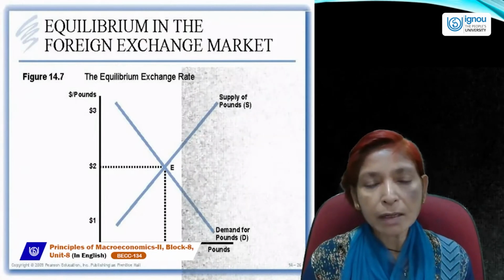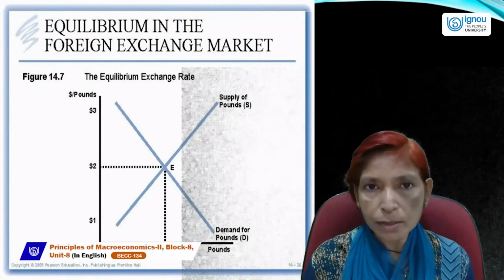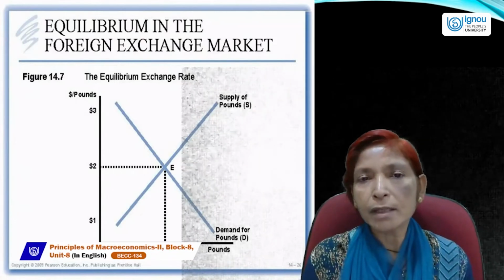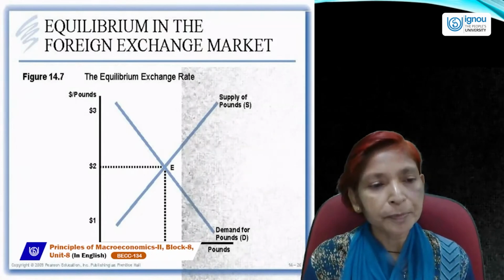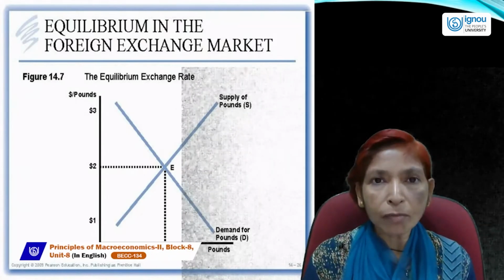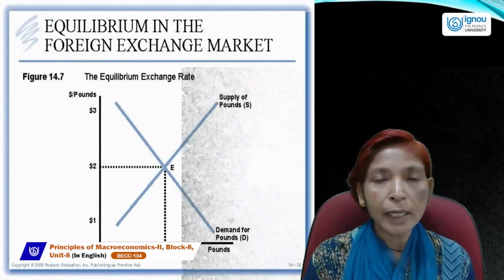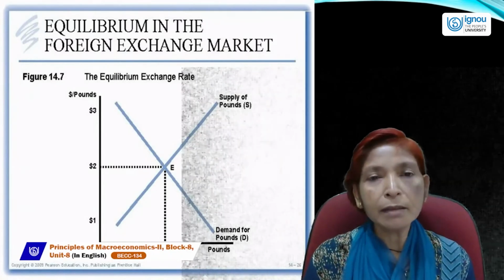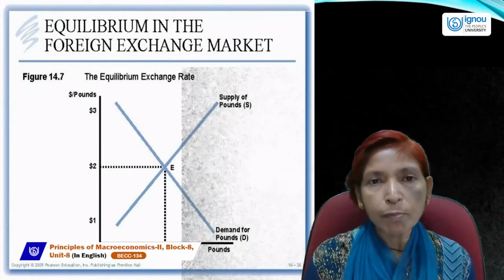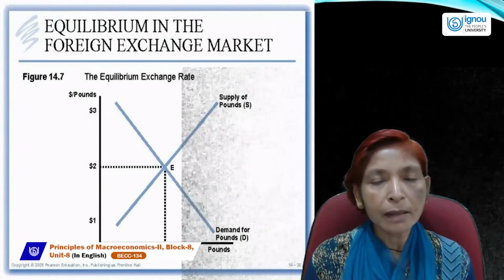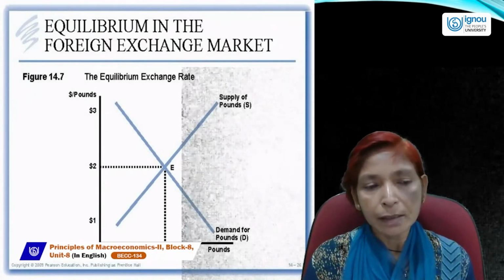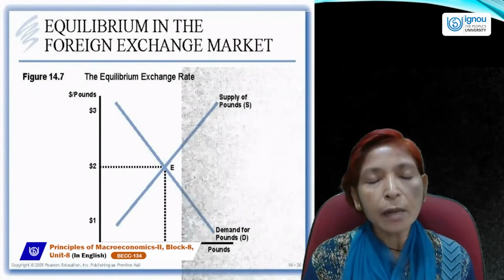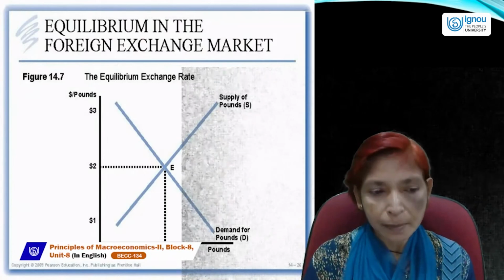Here this demand curve is the demand for pounds or demand for dollars. You can take any country's currency demand curve. The demand curve is downward sloping because it shows an inverse relationship between foreign countries' demand and their price. If the pound price increases, the demand for pound will decrease. And if the pound price decreases, demand for pound will increase.